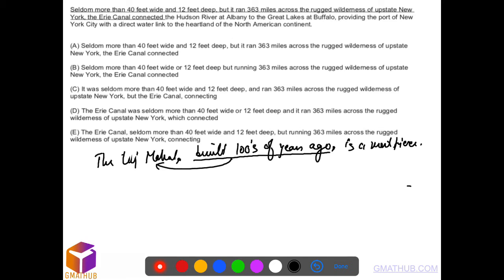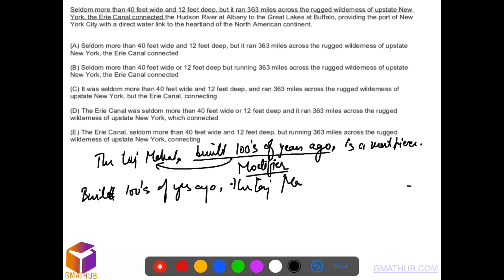The Taj Mahal was built hundreds of years ago, and this is called a modifier. So the modifier refers to the noun. I can also start the sentence with the modifier: built hundreds of years ago, the Taj Mahal is a masterpiece of so and so. Now this modifier again refers to the noun, so it should be immediately followed by the noun. That's the right usage.